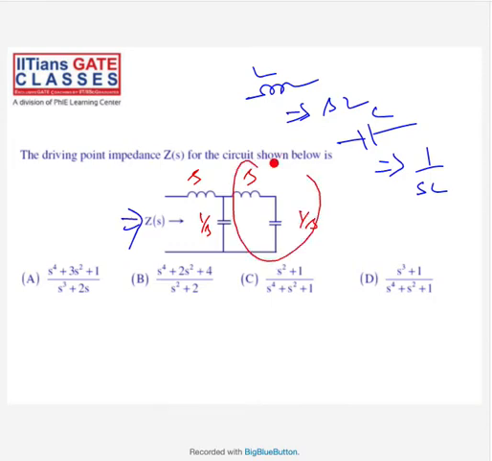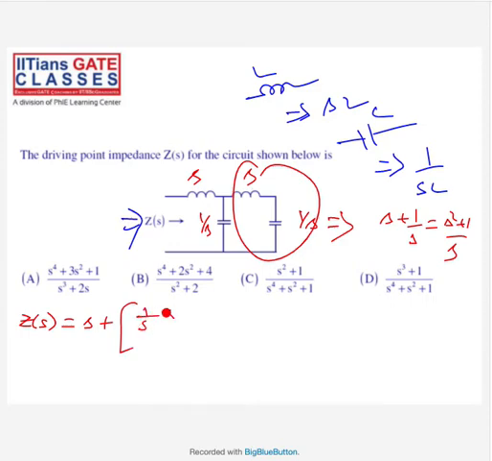So this will become S plus 1 by S, which is equal to S square plus 1 by S. Now this is in parallel with 1 by S. So the total Z of S will be S plus 1 by S into S square plus 1 by S divided by 1 by S plus S square plus 1 by S.